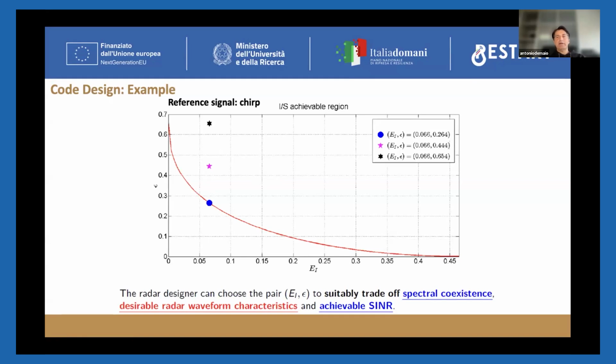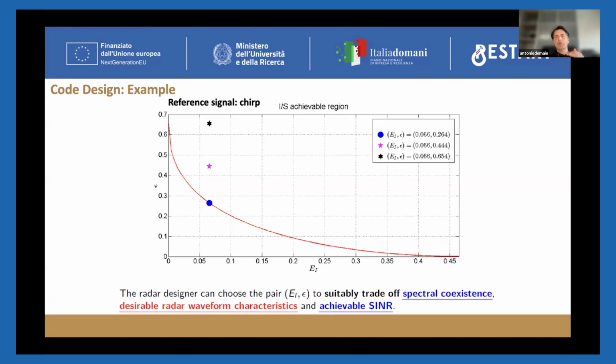The radar designer can choose the most suitable pair to trade off spectral coexistence and desirable radar waveform characteristics, and thus to indirectly control the achievable SINR of the system.